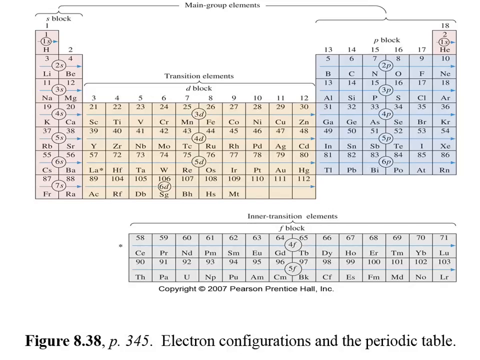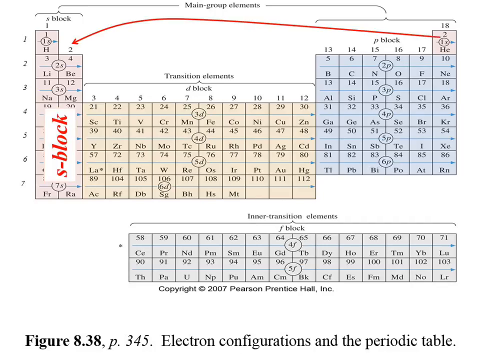So the first block is what we call the S block. The pink is the S block. The blocks represent the sort of electrons that are being added to when you're coming up with how electrons are configured. For instance, you can see sodium and magnesium up there. They're both S blocks. Specifically, they're in period 3, so they're 3s.